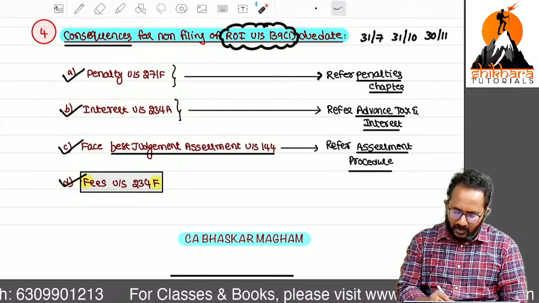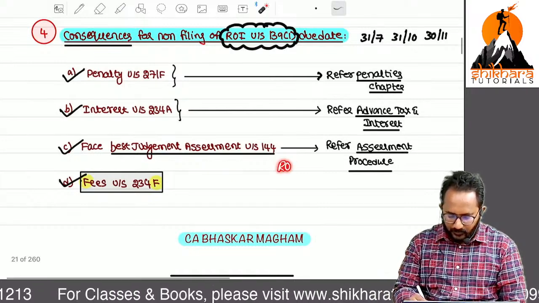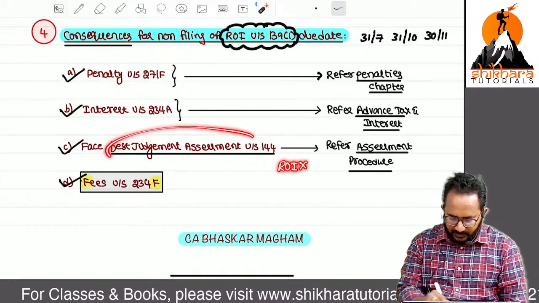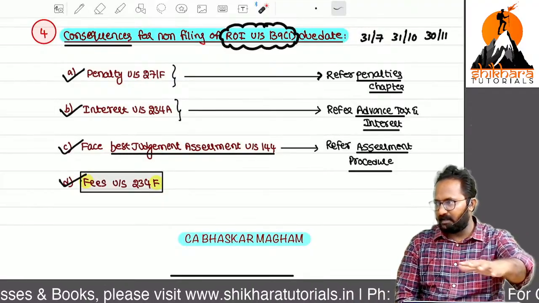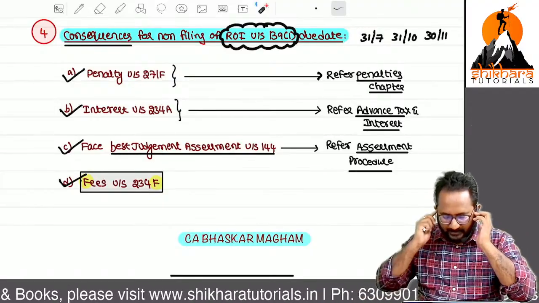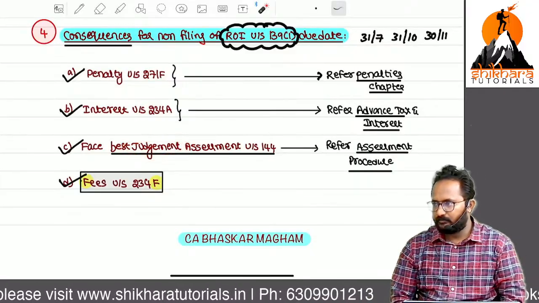And if you do not file the return of income at all, which assessment will be initiated by the AO? Best judgment assessment. Best judgment means decision making.